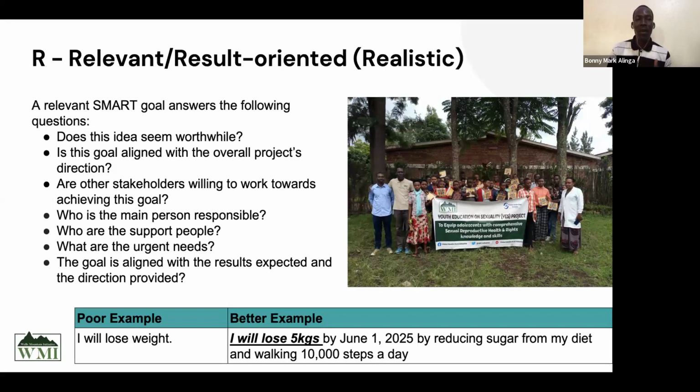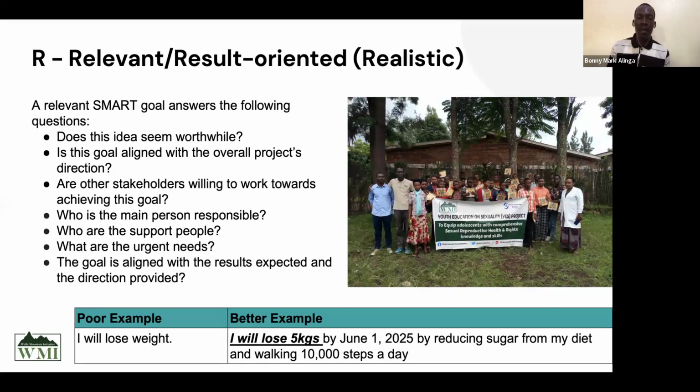So we must look at the relevancy of our SMART goal and what we want to achieve with that goal. Does this idea seem worthy for everyone in the team? Is this goal aligned with the overall objectives of the company, of the organization? Is it what will bring us more credibility in the open share market?